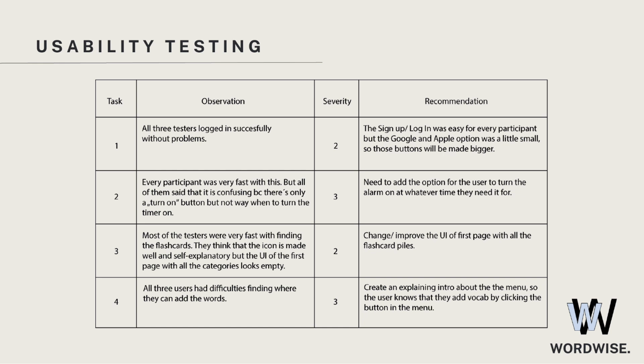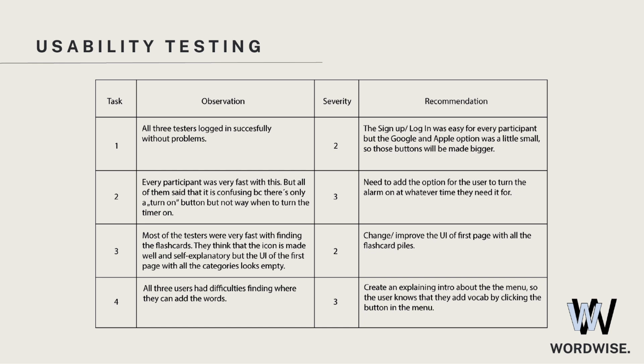The third task was to open and review an existing flashcard pile, and most of the users were very fast with it, and they said that the icon was very self-explanatory and easily understandable, but they said the UI was a little lacking. So I will be changing, or more like improving, the first page of the flashcard pile.